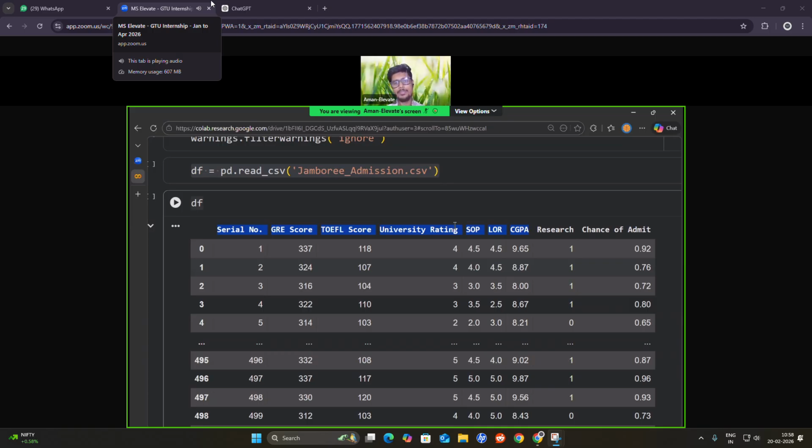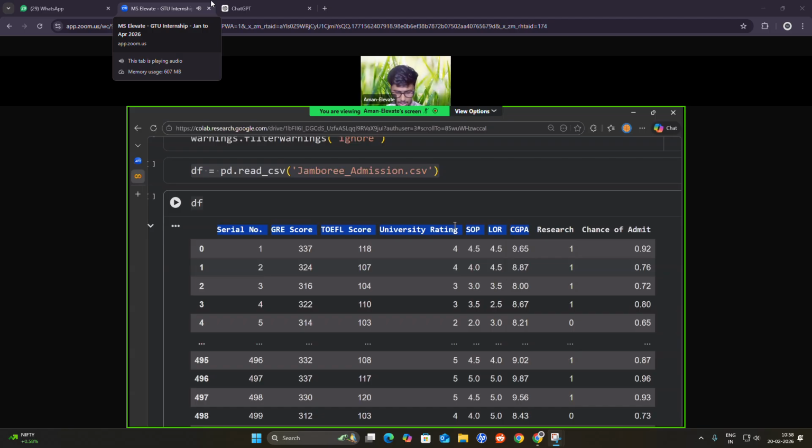So the problem is, instead of waiting for the results, we can use this particular model and predict whether I will get selected or not.